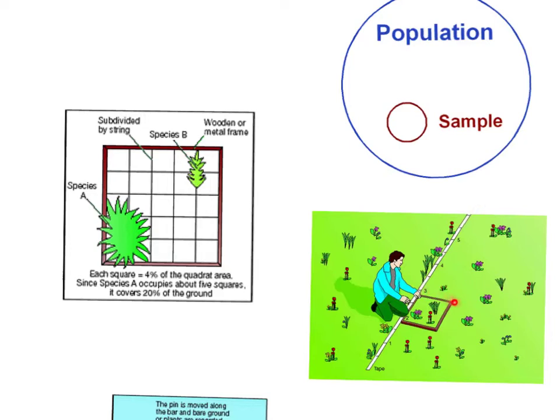Then at individual distances along our transect line, we place our quadrat and work out the number of species there, and we move, let's say, every 10 metres up the beach until we reach the climax community. We will get an indication of the change of species as we move away from the strand line, and that's how we can study succession, which is something you'll study later in the course.